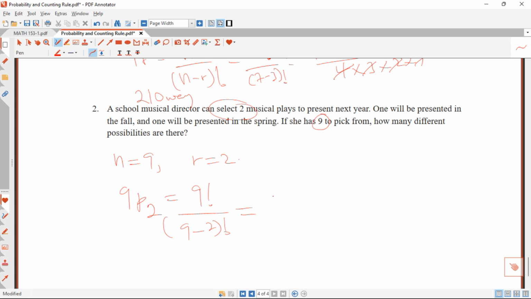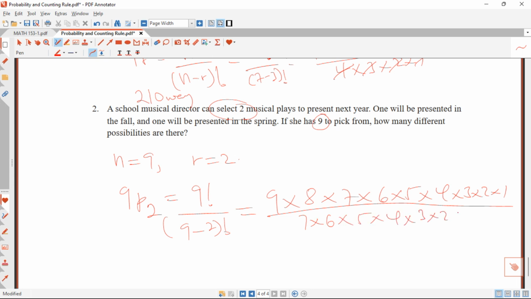And when we expand this, you are going to get 9 by 8 by 7 by 6 by 5 by 4 by 3 by 2 by 1, all divided by 7 by 6 by 5 by 4 times 3 times 2 times 1.